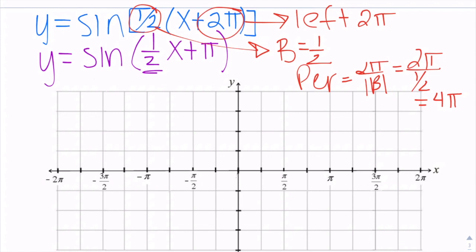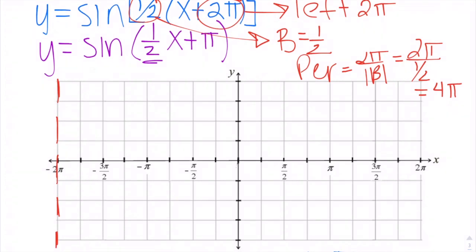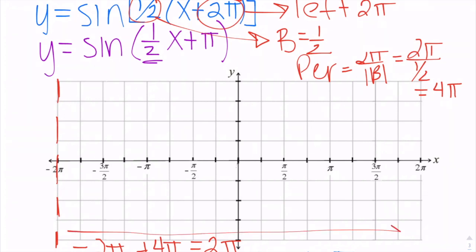So I'm going to start by drawing my shift left 2 pi. We go from 0, left 2 pi, which means we start over here at negative 2 pi. Now our period is not 2 pi this time, it's 4 pi. To find where this ends, we do negative 2 pi plus 4 pi, which gives us positive 2 pi. So we go all the way over to here to end our graph.